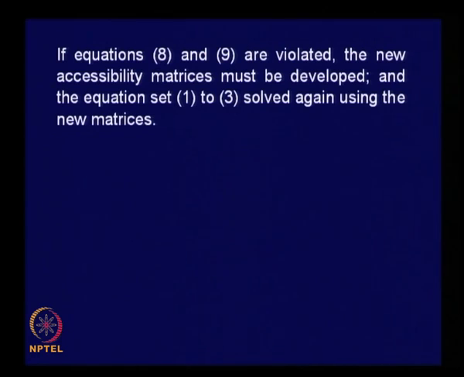Fresh values of A and B are to be calculated, first calculating the correct values of A dash ij and B dash ij, and the equation set 1 to 3, the first 3 equations, solved again using the new matrices, right. How is it being done?